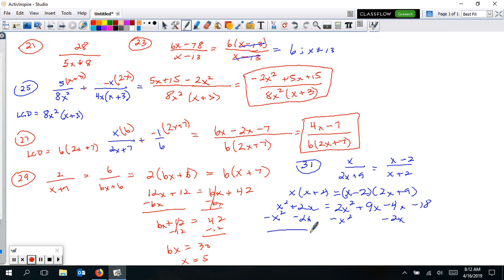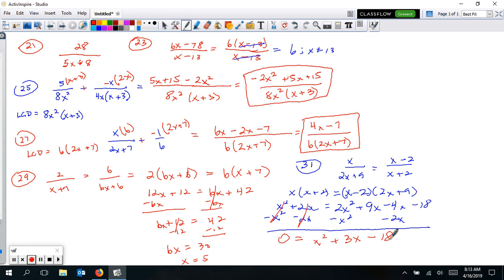So all of that's going to be done. So we can cancel the x squareds here and the 2x's. That leaves us with 0 now on this side, equal to 1x squared. And then all our x's got to combine. So if I take 9 minus 4 would be 5, and 5 minus 2 is 3. So that means a positive 3x is there, minus the 18 then.